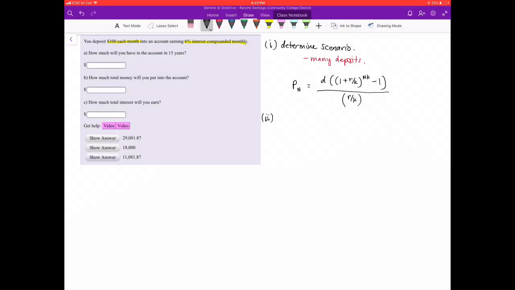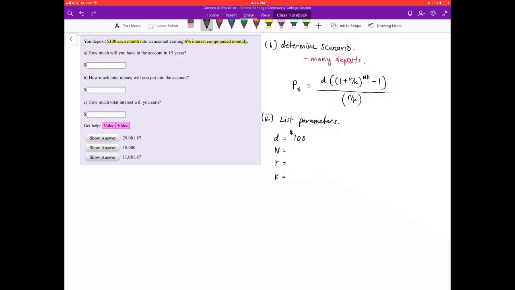The second step is, now that we know the scenario, we can go ahead and list the parameters. So here I always like to write what I call an appendix. So I have D, N, R, and K. D is the amount of each deposit, which is $100.